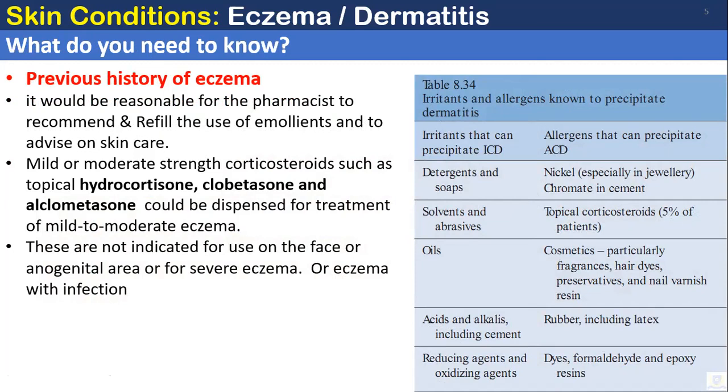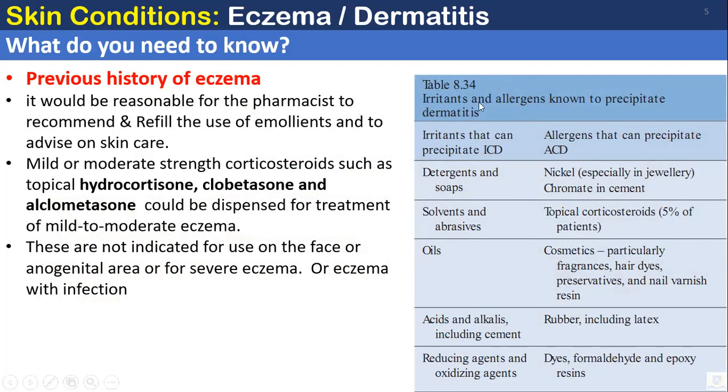Mild to moderate corticosteroids like hydrocortisone, clobetasone, and alclometasone could be dispensed as OTC for treatment of mild to moderate eczema. There is no indication for use of these steroids on the face. They can be used on all other parts of the body except the face.